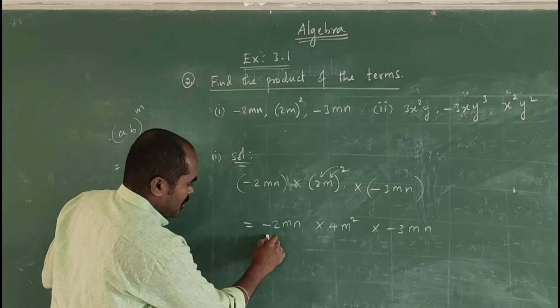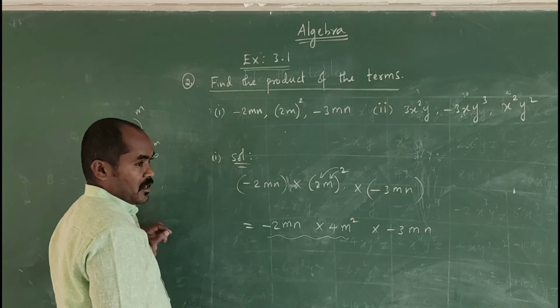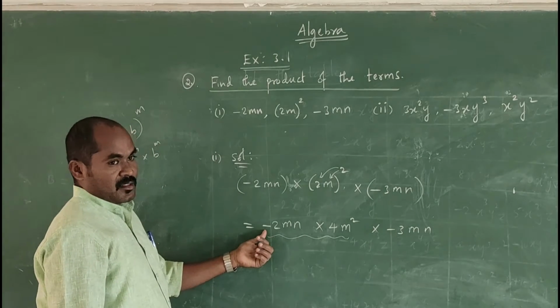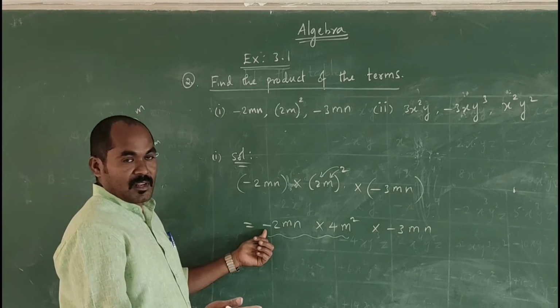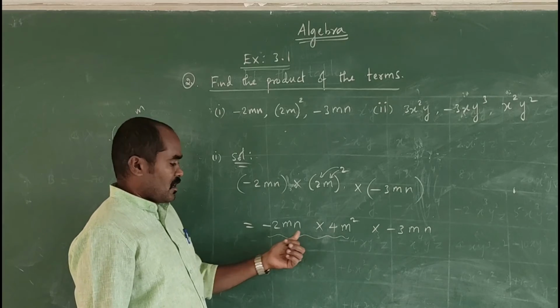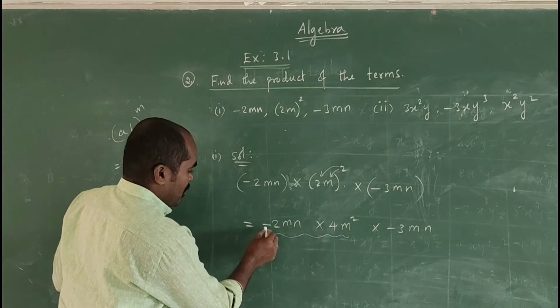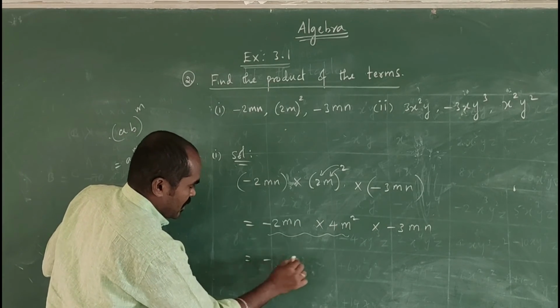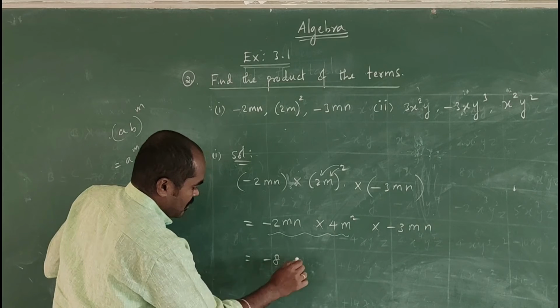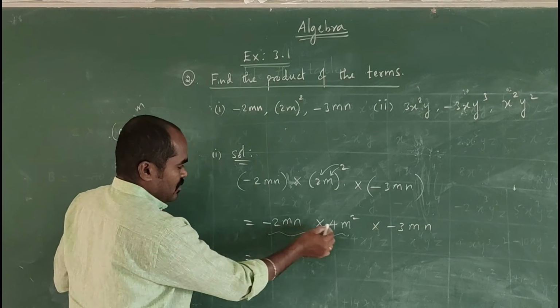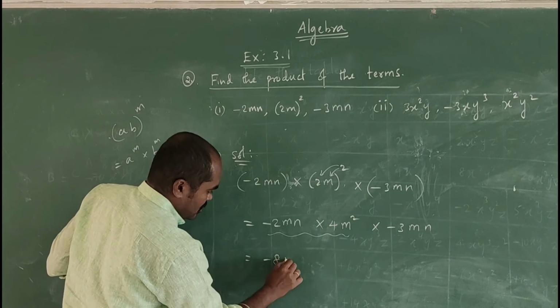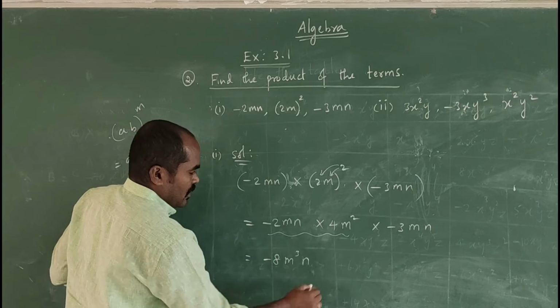First multiply these two monomials. Already I told you there are 3 products: one is the sign, another is the coefficient, and the last is the variable. Minus into plus is minus. 2 4s are 8. m into m square is m cube n.